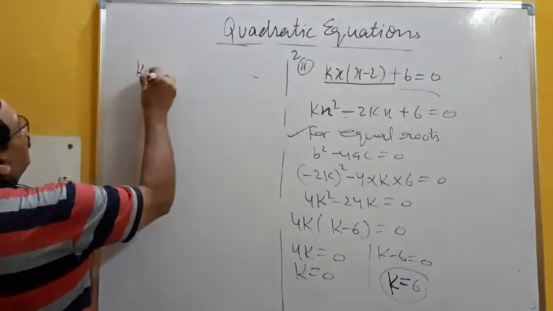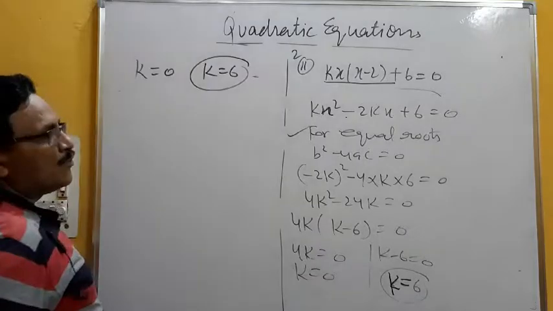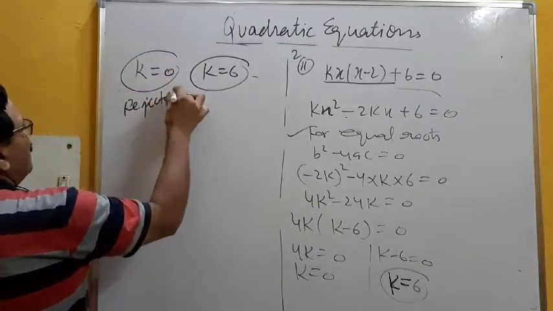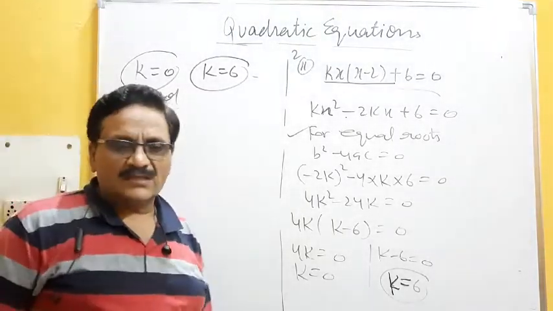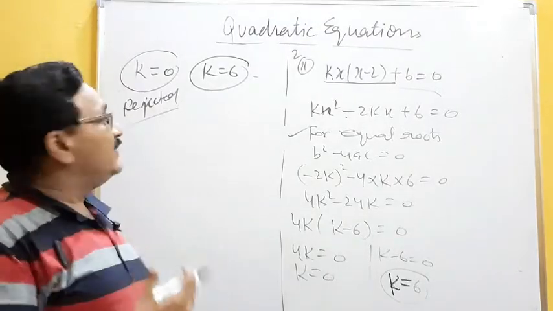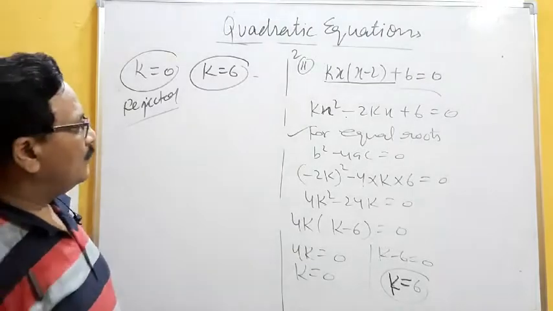But k equal to 0 and k equal to 6, this answer is given to you in your book and k equal to 0 is rejected. Before my explanation, you think it and find why this is rejected. Okay, I am telling you now.